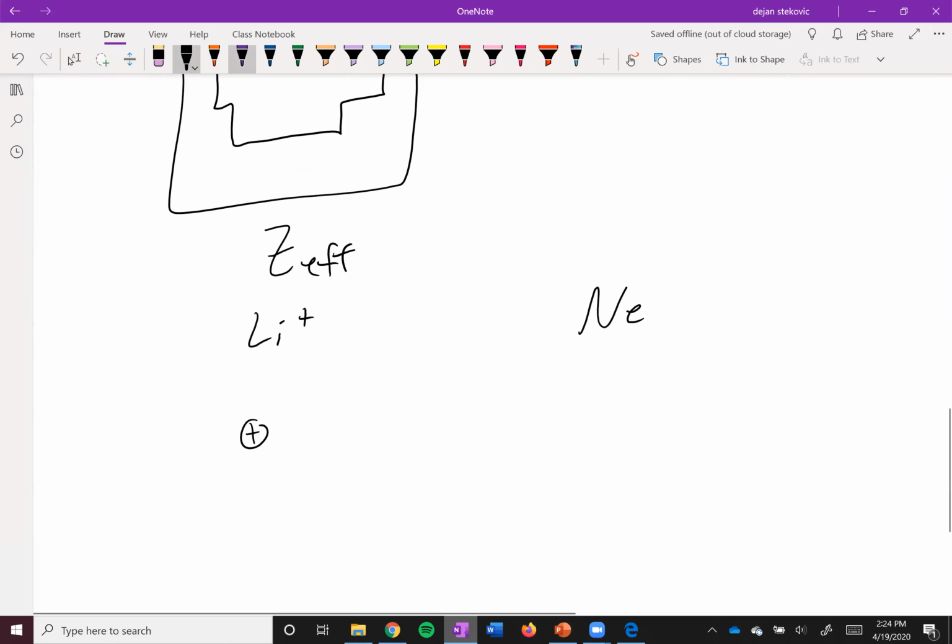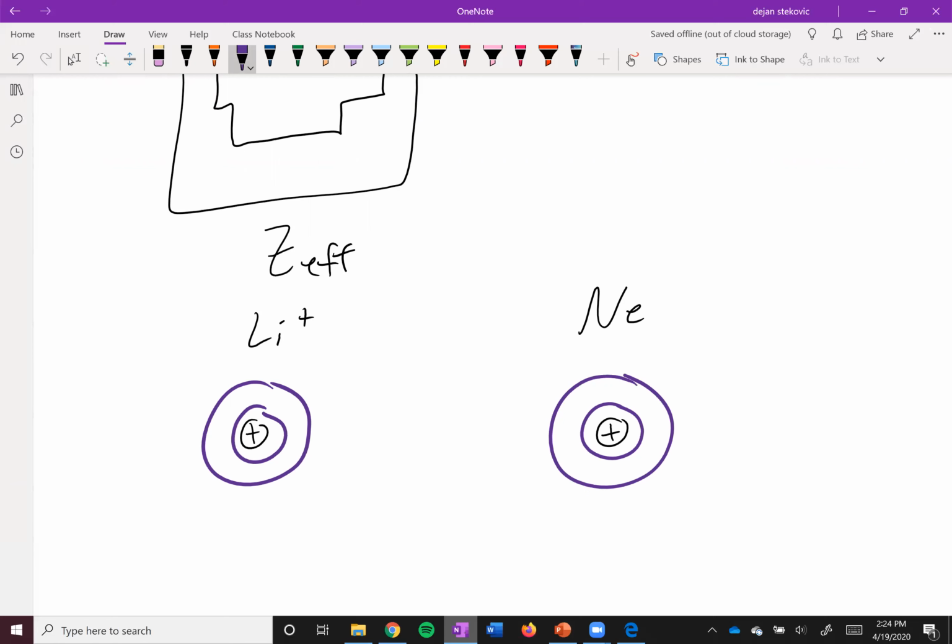We have our little nucleus and our two orbitals. Lithium having 3 electrons, neon having 8. And lithium having 3 protons and neon having 10.